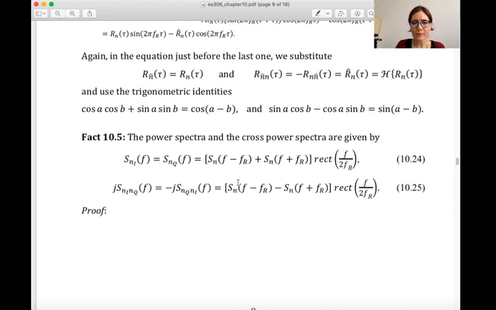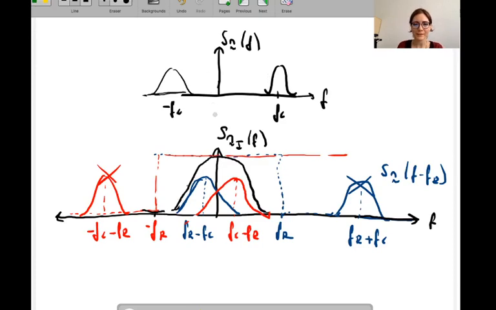Well, let's first comment on this shape, although we don't do the derivation. It's exactly the same expression. Compare these two. It is still non-zero between minus Fr and Fr because of this rect term. But the only difference is that the S_N of f plus Fr term gets a minus one factor. So you would still have the blue curve in here, which corresponds to S_N of f minus Fr.